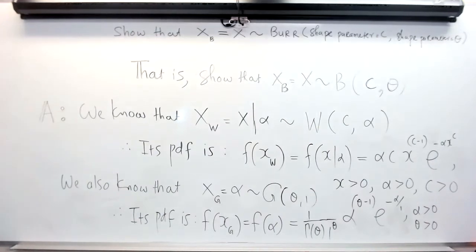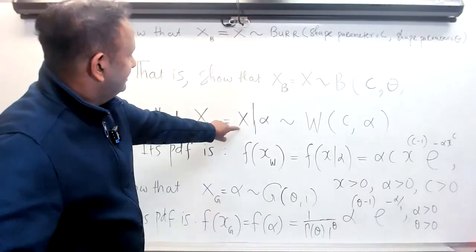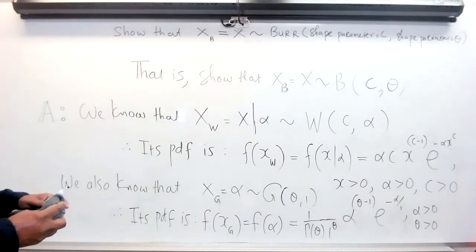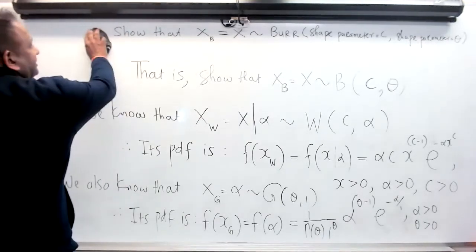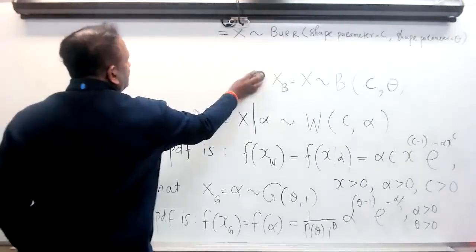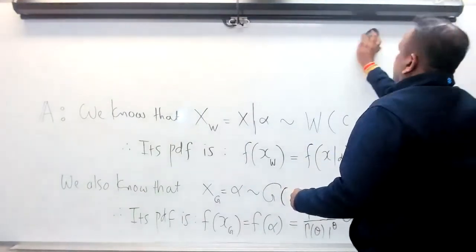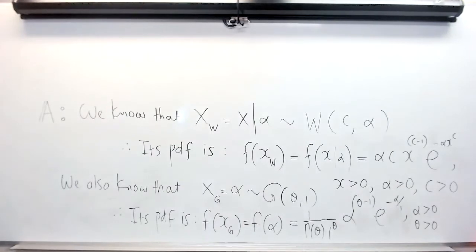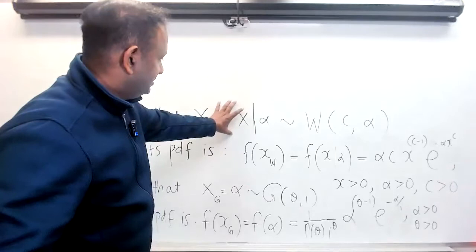Now I have two PDFs. I don't need this guy. I need this guy: X. I have to separate X, take the X out, not the XW, not the XG. To do that, what are you going to do? This is a conditional distribution.